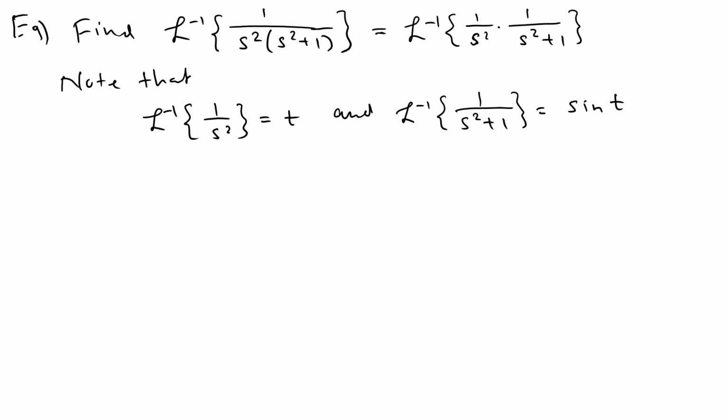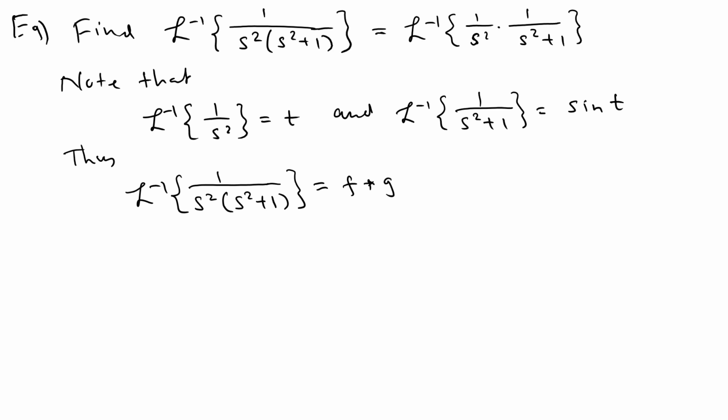So according to the argument, you just need to find the convolution, because it's a product. Thus L inverse of 1 over s squared times 1 over s squared plus 1 is equal to the convolution product of the two functions.